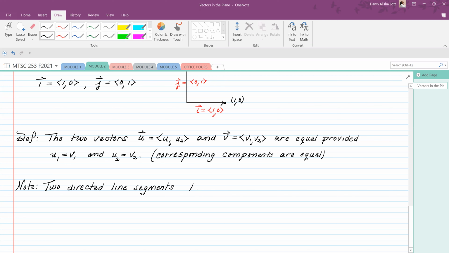So P going to Q, and let's say R going to S, all right, that have the same length and the same direction are equal.